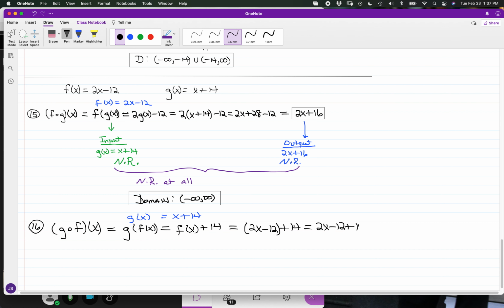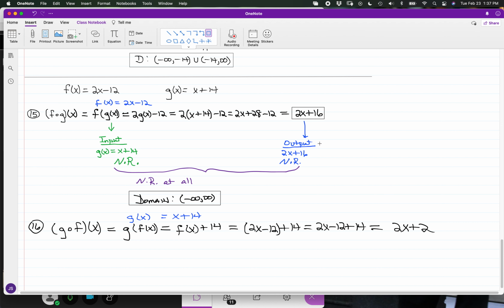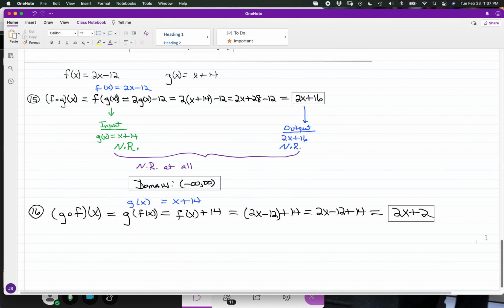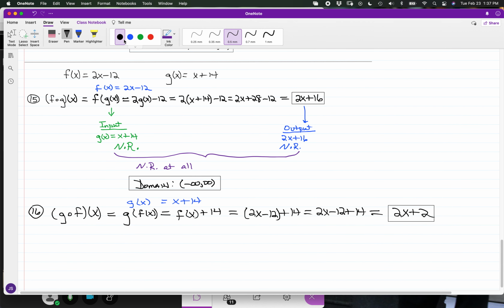So 2x minus 12 plus 14, and we have for this output 2x, and negative 12 plus 14 comes out to positive 2. So the result here is 2x plus 2.